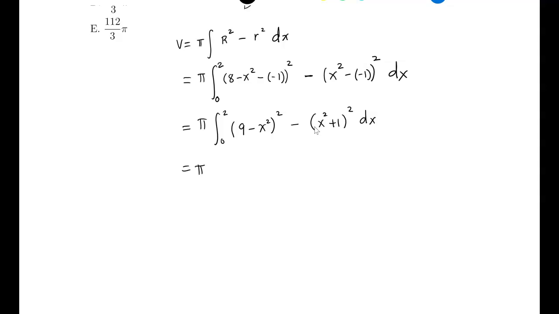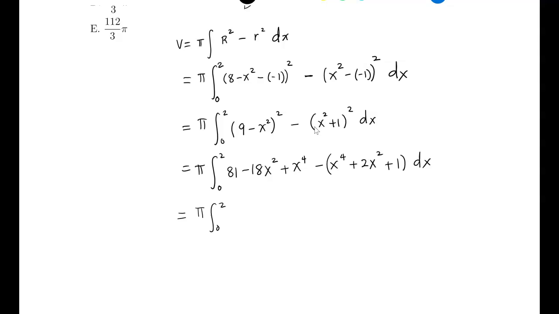So we have pi times, expanding this, 81 minus 18x squared plus x to the 4th, minus x to the 4th, double the product, so plus 2x squared, plus 1, dx. And then you simplify it. So you have pi integral from 0 to 2.